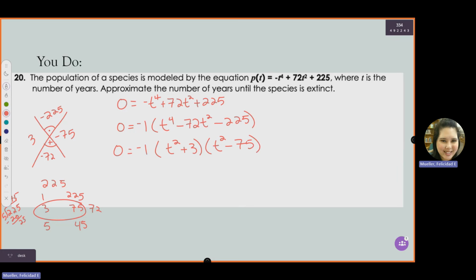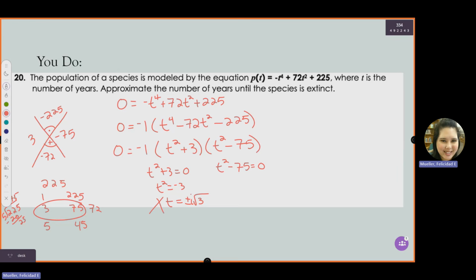I can't factor that any further, so we're just going to go ahead and start setting them equal to 0. So t squared plus 3 equals 0. T squared minus 75 equals 0. So we're going to take t squared equals -3. T equals plus or minus the square root of, so this is not going to work for me.